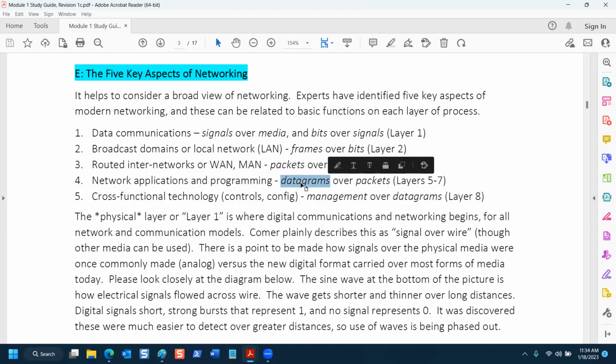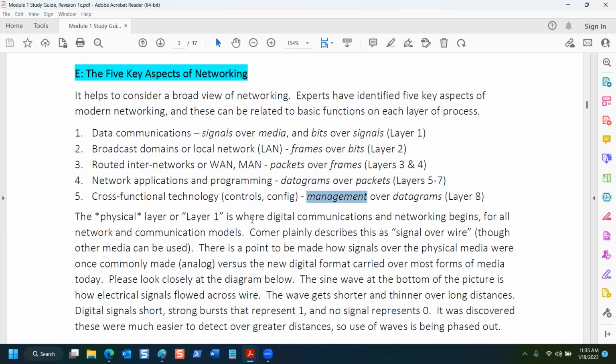So when you hear the word datagram, you're operating above layer 4 on the network protocol. You're dealing with either layer 5 with the internet model, or you're dealing with 5 through 7 in the OSI model, and we'll talk about those two models in just a minute.